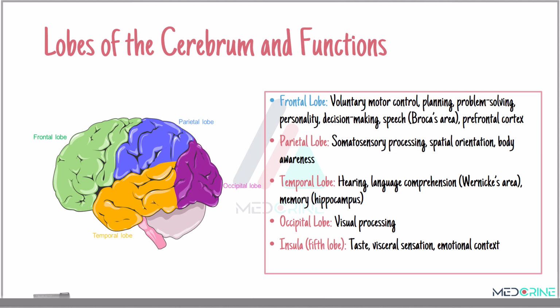Then the temporal lobe handles auditory input, language comprehension via Wernicke's area, and memory. The occipital lobe is dedicated to visual processing, and we have a lobe known as the fifth lobe, or the insula, that integrates taste, visual sensations, and emotional context.